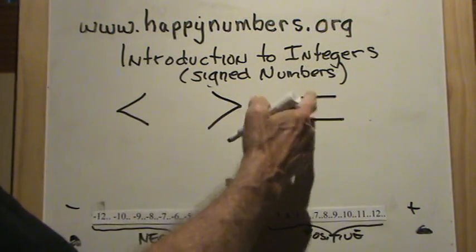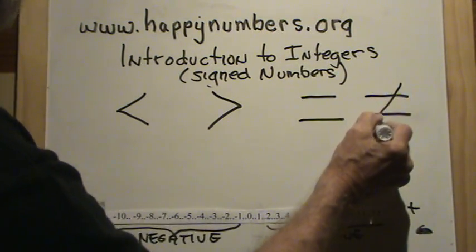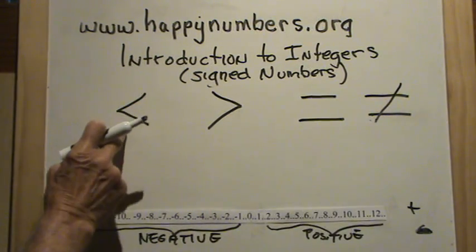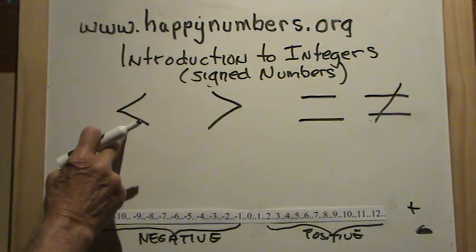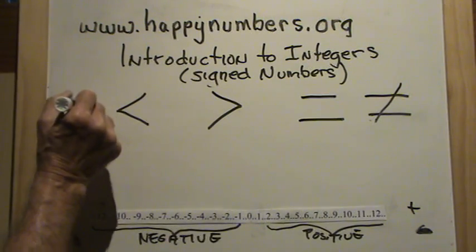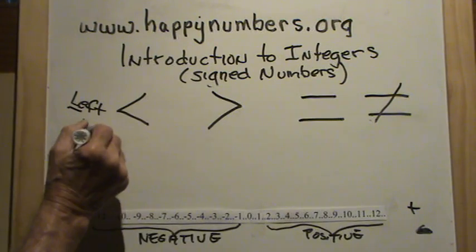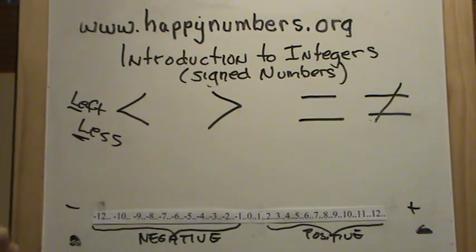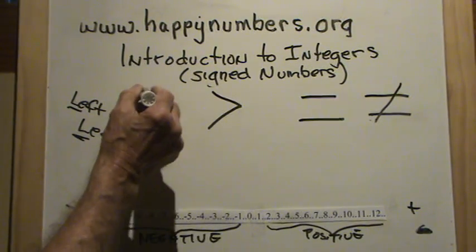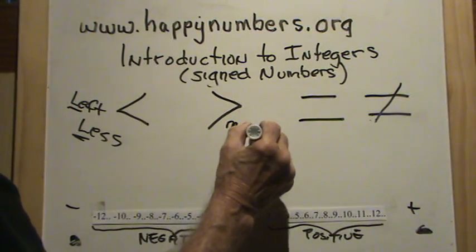Now, everyone knows that this is an equal sign. And by the way, if not equal is written like that. This is an equal sign. This is not equal. Now, this sign means less than, and here's how I remember that. This point right here is pointing to the left. And left and less both begin with the letter L. So that's how I remember that. I used to always get these confused. So this sign is less than, and this sign is more than.